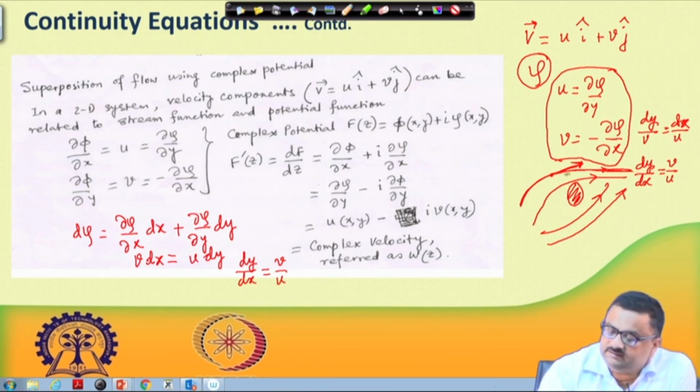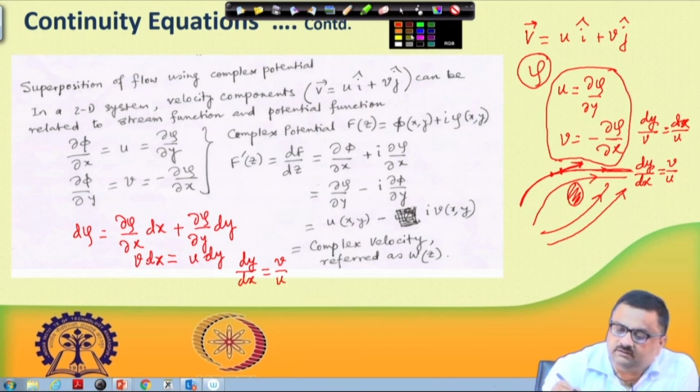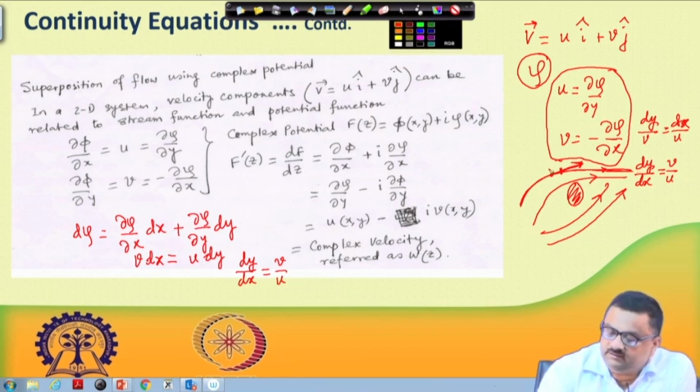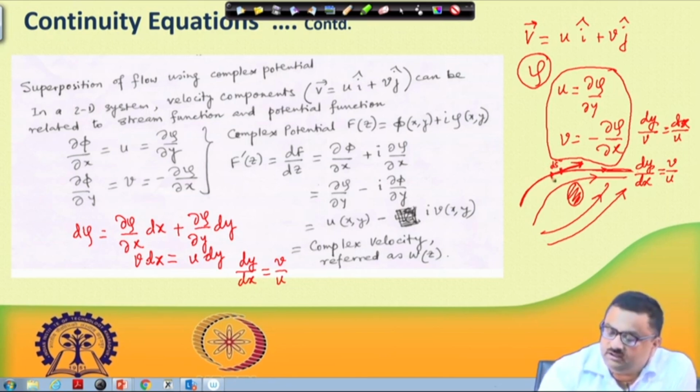Let us say this is the streamline and I have a section, let us say, which is ds. So, this ds is broken into dx i hat plus dy j hat, right.